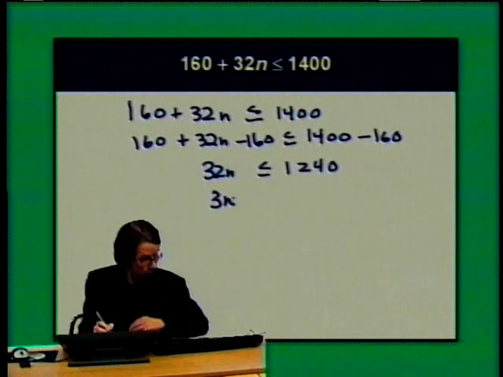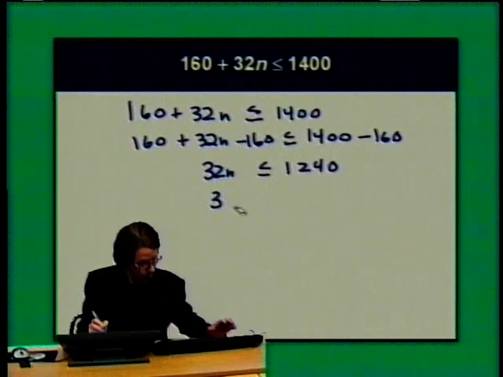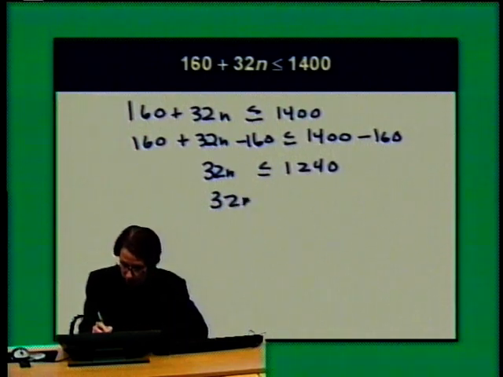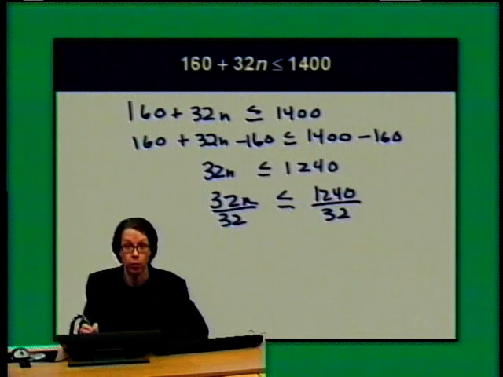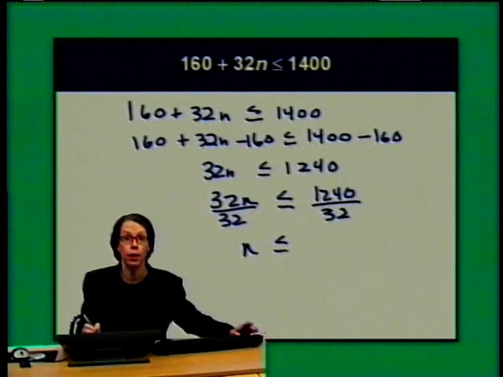Dividing both sides of the inequality by 32. 32 is a positive number, so the sense of the inequality remains the same. So I have n is less than or equal to some mystery number I want to calculate.